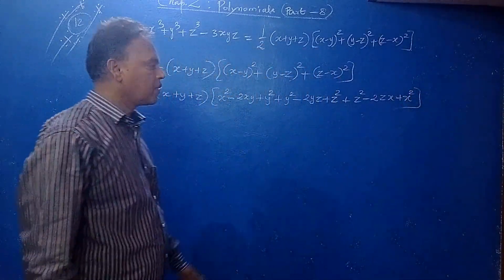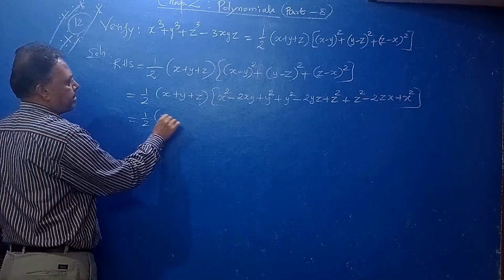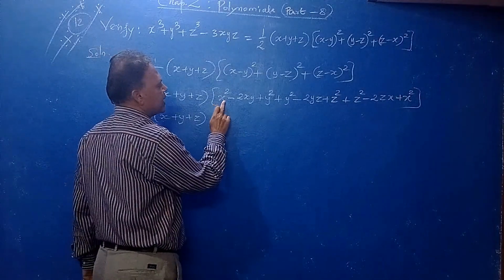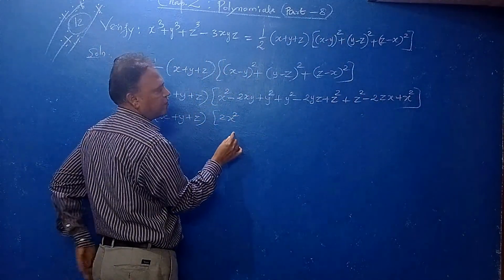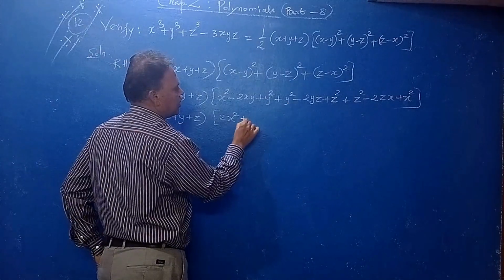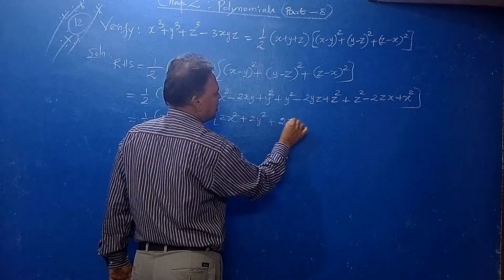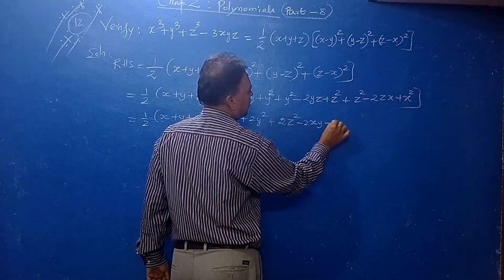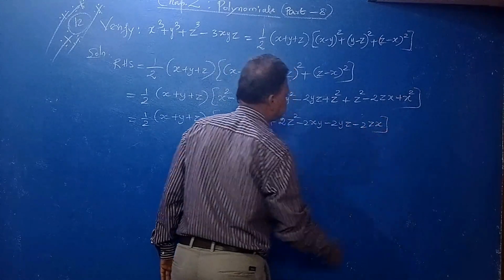Right? So now in this factor, you see x squared plus x squared, 2x squared is there. Y squared plus y squared, 2y squared is there. Z squared, everything is coming as 2. Here already minus 2xy, minus 2yz, minus 2zx.